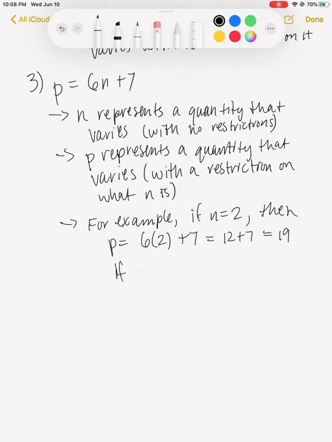If n is equal to 5, then p is going to equal 6 times 5 plus 7, which is equal to 30 plus 7, which is equal to 37. Okay. P could be 19 or 37, but p really depends on what n is, whether n be 5 or 2. Okay. So both variables in there vary.